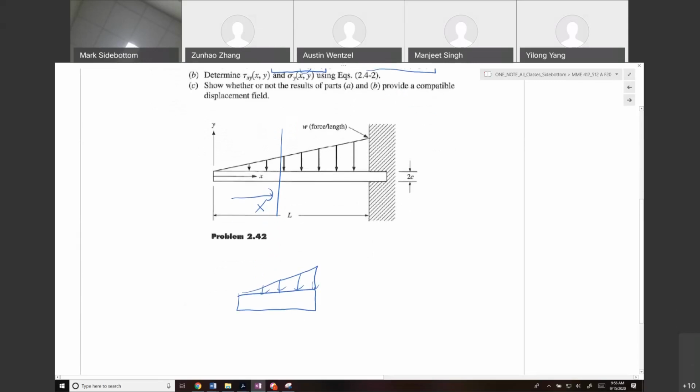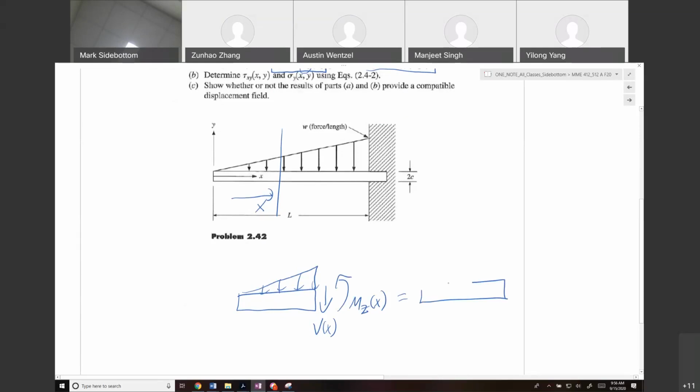And in order to keep this beam in equilibrium, we have to apply a shear force at that point, V of x. We have to apply a moment about that point, which would be Mz of x. So, to keep this in equilibrium, we can simplify this.